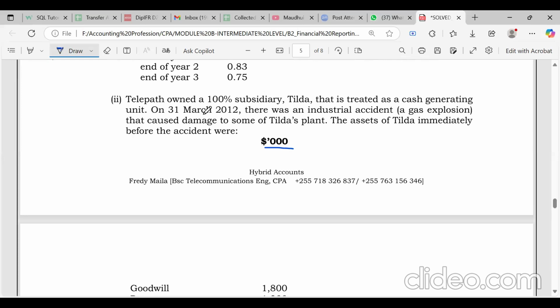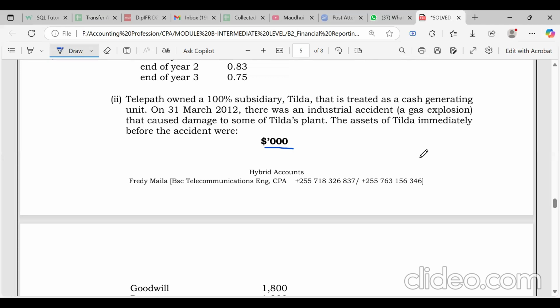On 31st March 2012, the date the question has asked us about, there was an industrial accident, a gas explosion that caused damage to some of Tilda's plants. This accident made the value of the assets drop, so it is a great indicator of impairment, right?